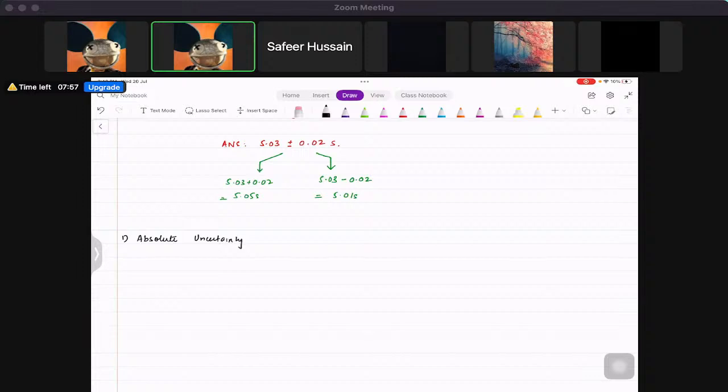Then we can write it in fractional form. And the third thing we can do is we can write it as percentage uncertainty, like that.